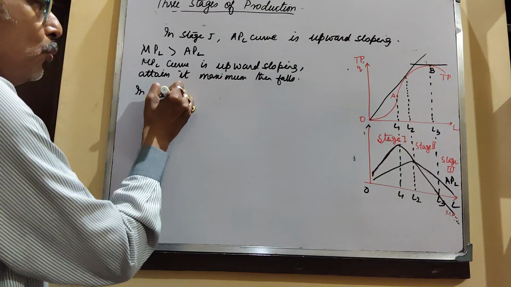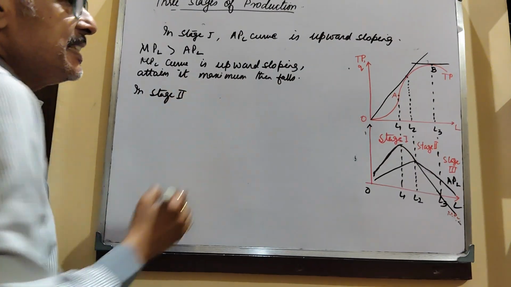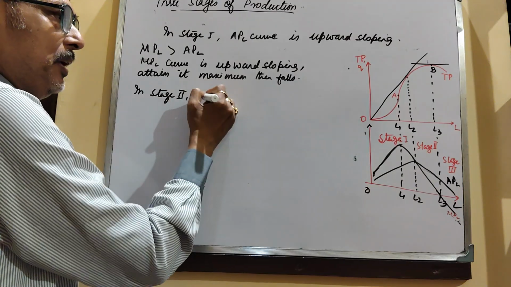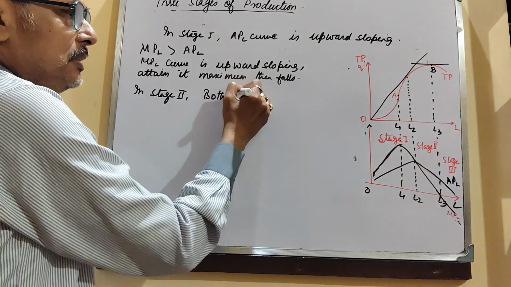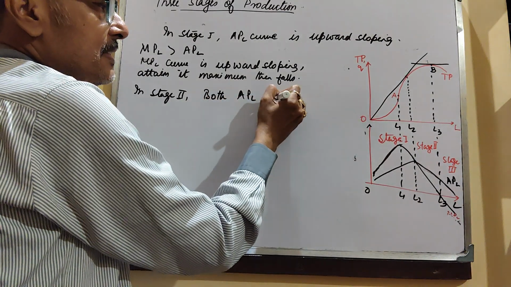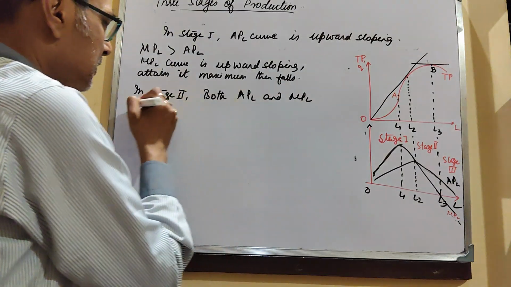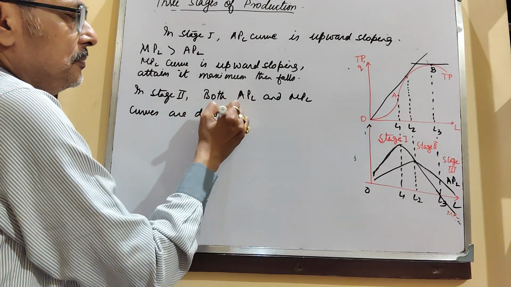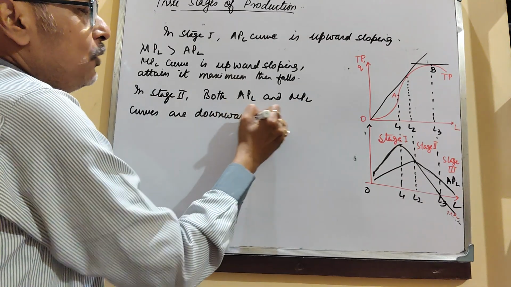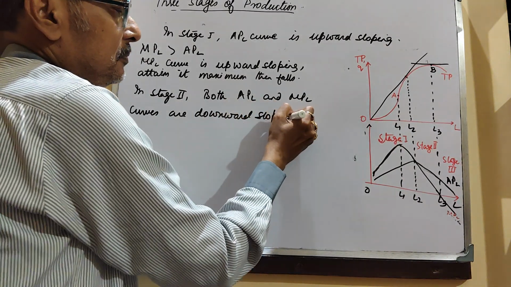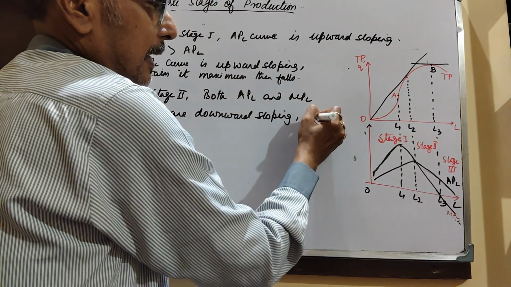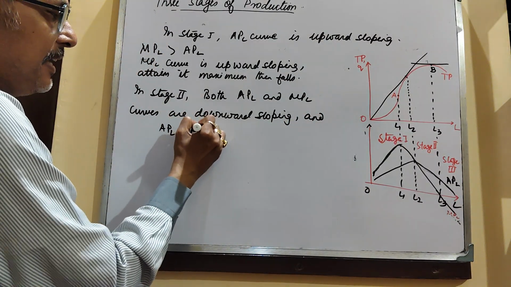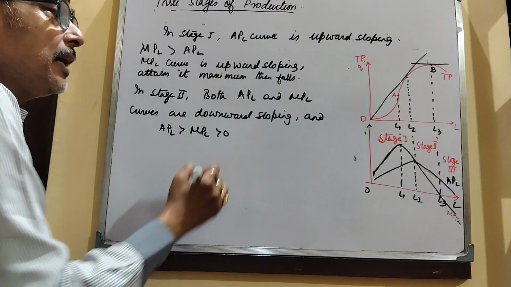In stage 2, both APL and MPL curves are downward sloping, and APL is greater than MPL, and both are positive.